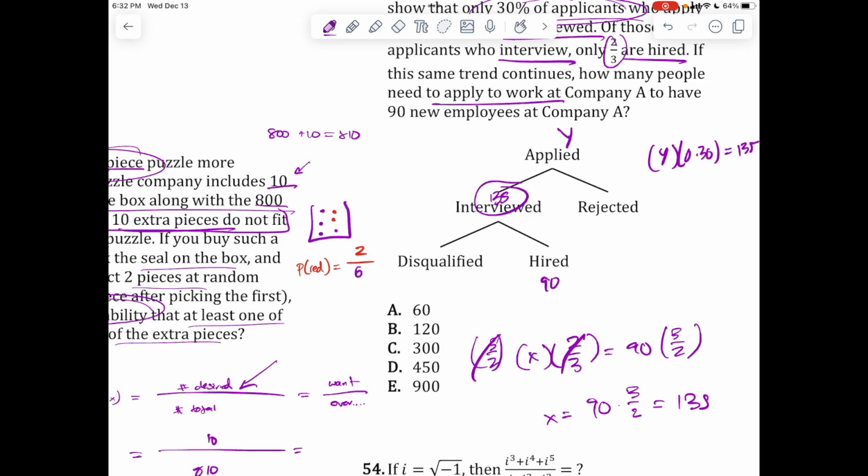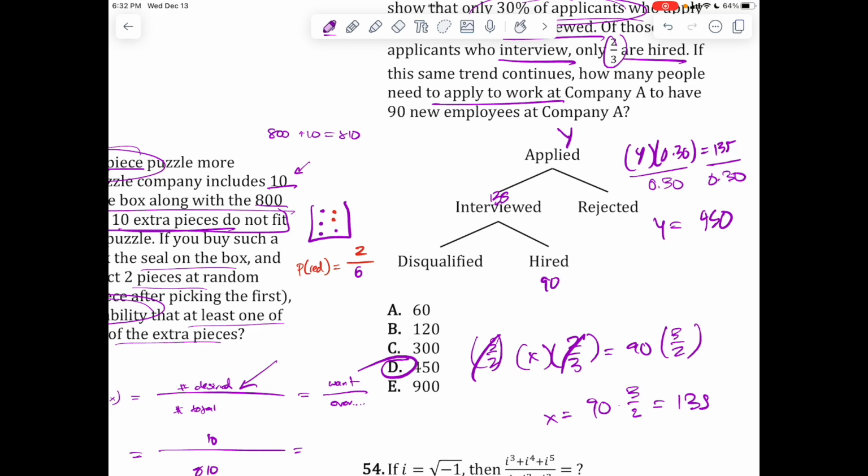And you see how this number is crucial now because I need it for this part of the problem. If I got that first step wrong, I'm going to get this step wrong. So let's divide both sides by 0.30 to isolate y. y equals 135 divided by 0.3. It's 450. That's my answer.